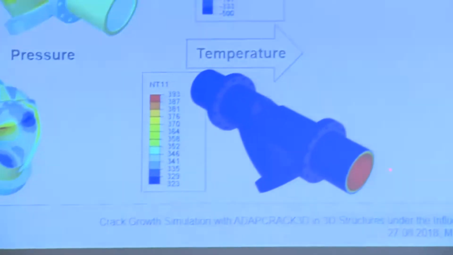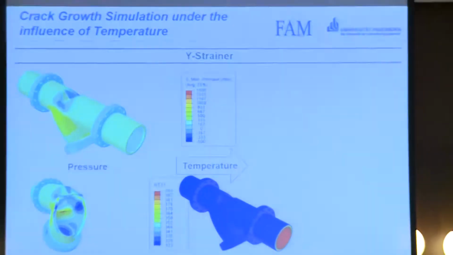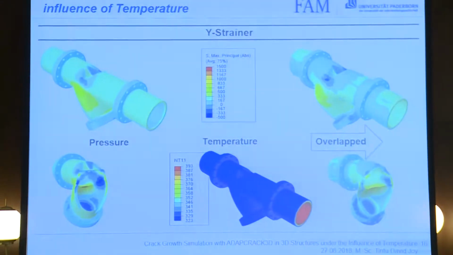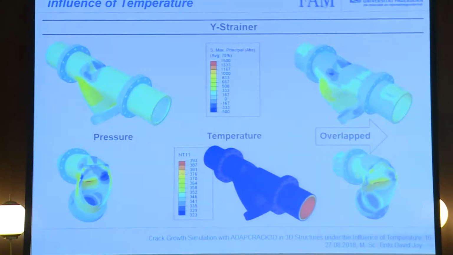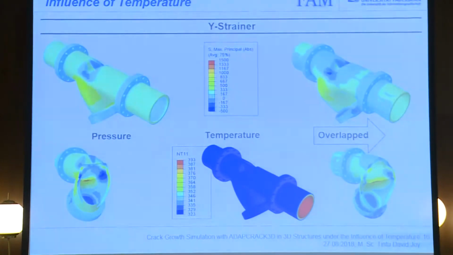This was only with pressure, and you can see the inner surface is having the maximum principal stress with its highest value. And when you check the temperature difference, you can see that from inside to outside it's decreasing. When you overlap both these, you get a more deformed model in the end, and the maximum principal stress is in the same position but with a bigger area.